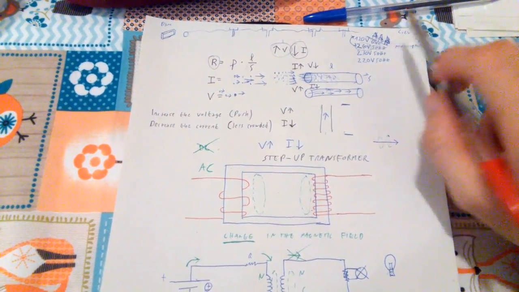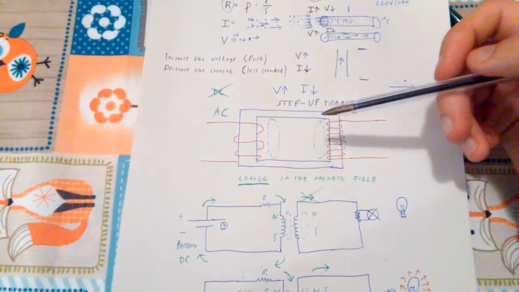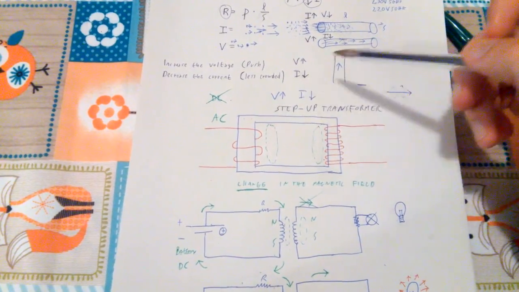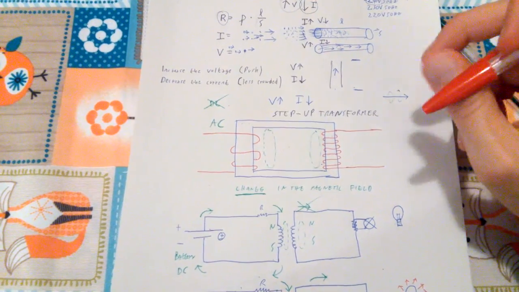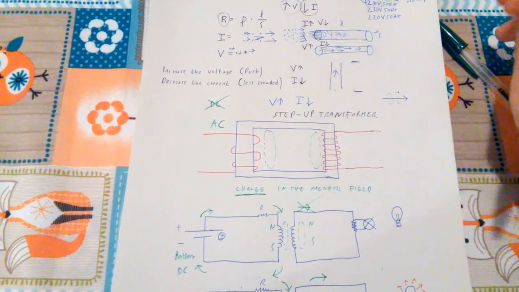But then we're gonna get to the households, so it's actually dangerous to get there with a very high voltage and low current like that. So we gotta have a step-down transformer.